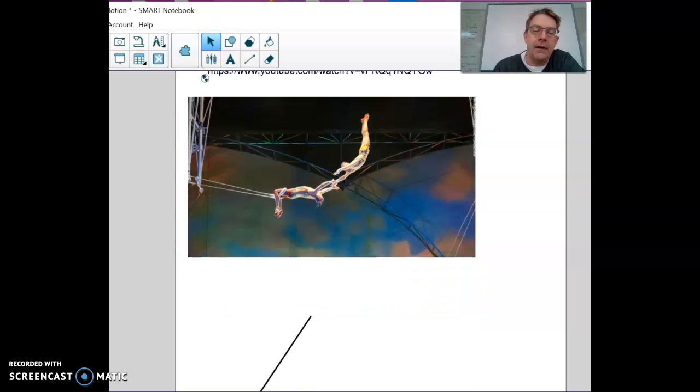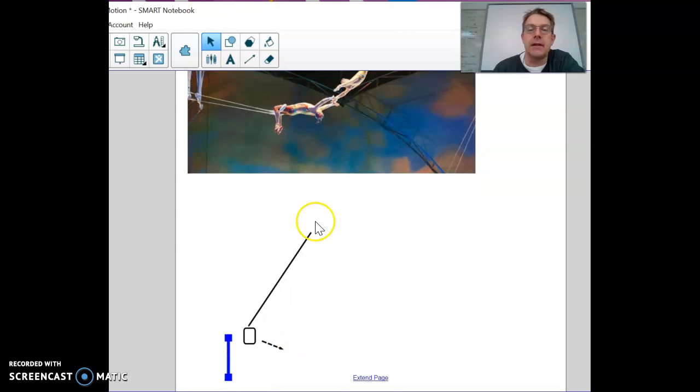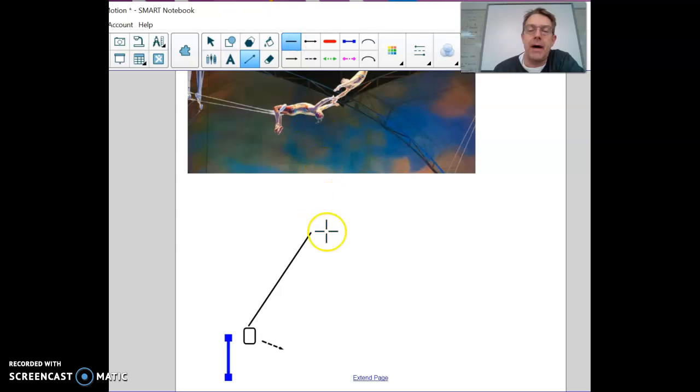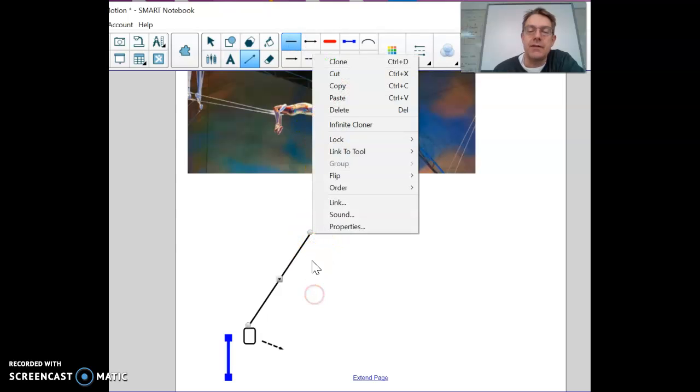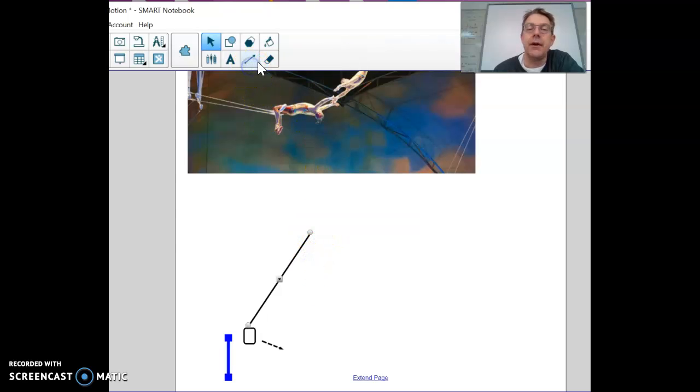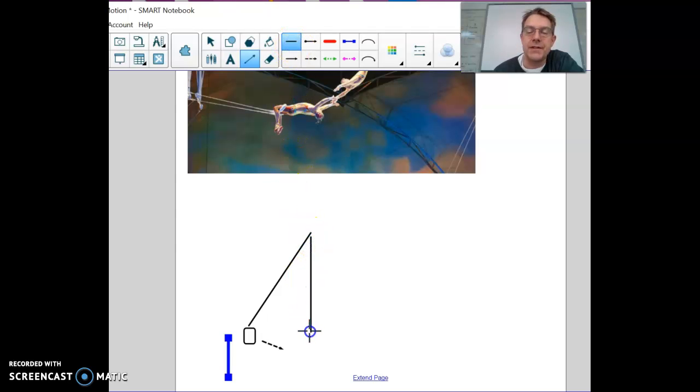So if I have an object swinging here, and now it is at the bottom of its swing, it is going to be accelerating towards the center. And what is going to provide that is the tension of the string.